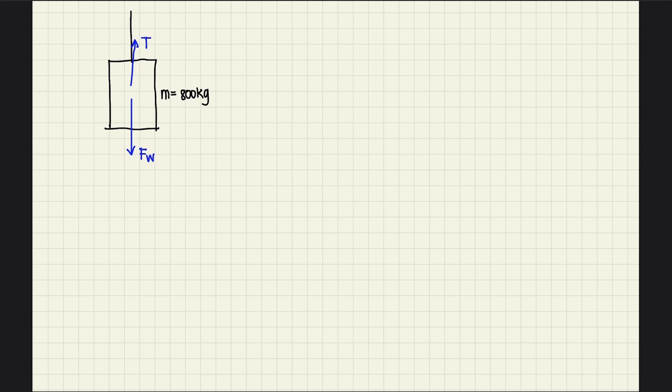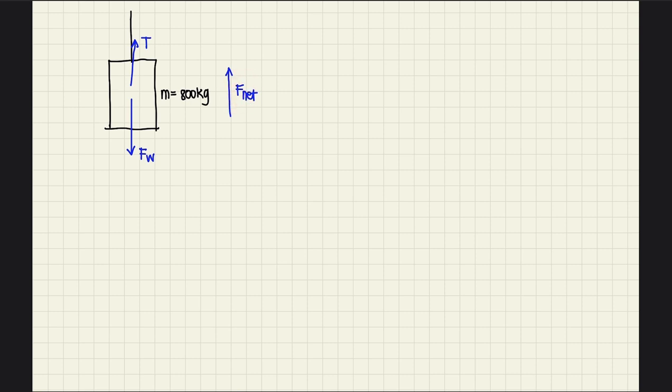So what is the maximum upward acceleration? To be able to find the acceleration upward, there must be a net force, F net. This net force will cause the upward acceleration. But what is this net force equal to?